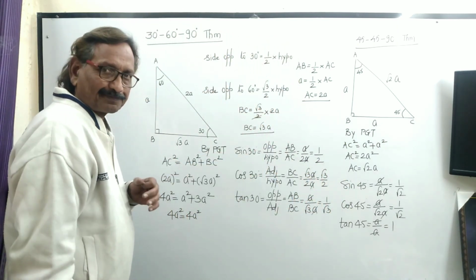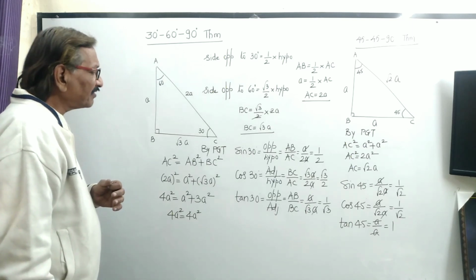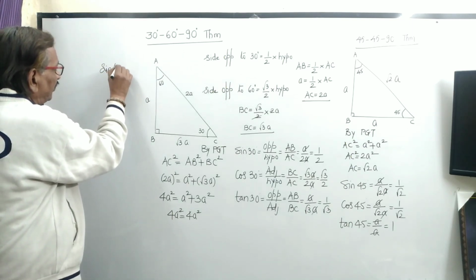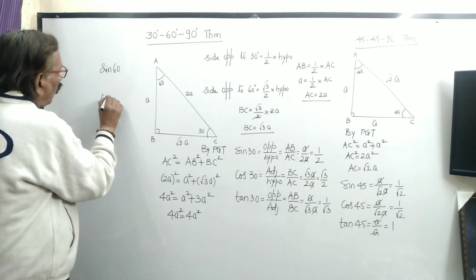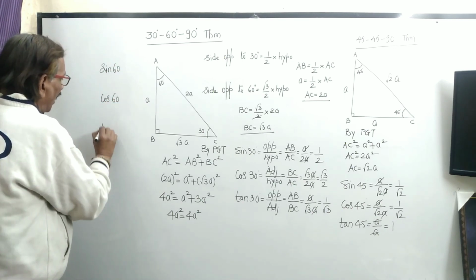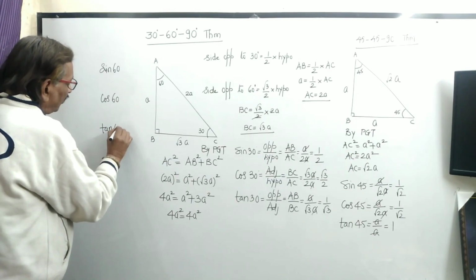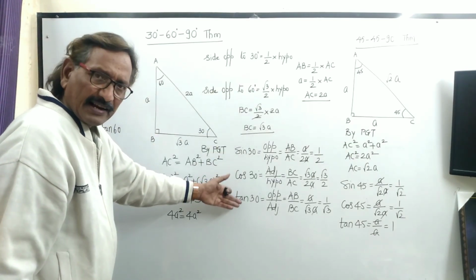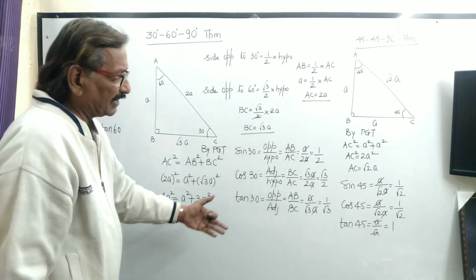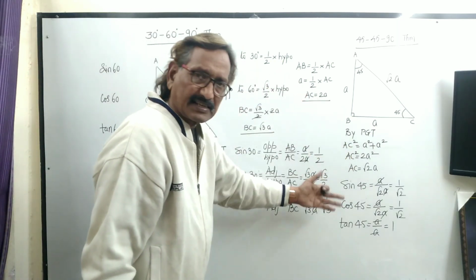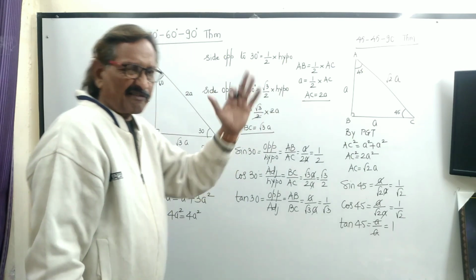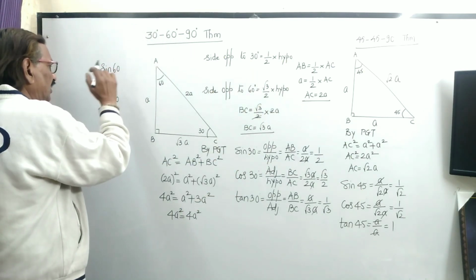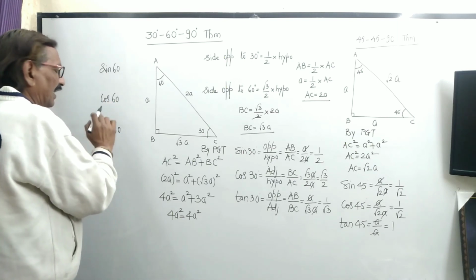Remaining 3 values. That means I need to find out sin 60, cos 60 and tan 60. The way in which I found out sin 30, cos 30 and the others, in the similar way I'll try to find out sin 60, cos 60 and tan 60.